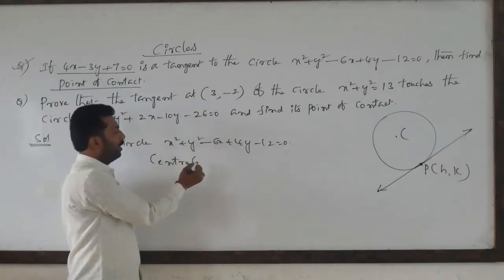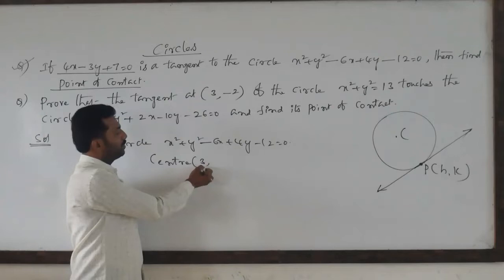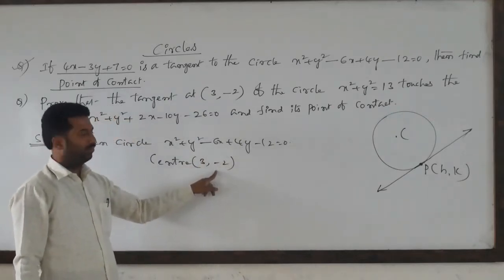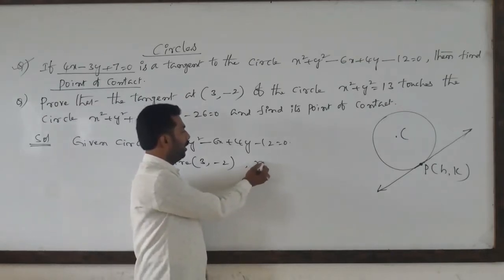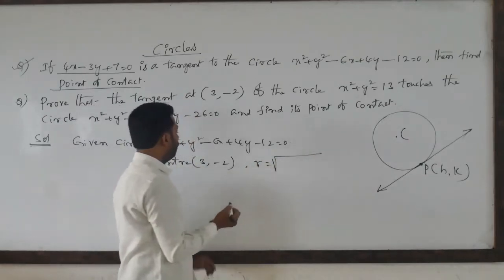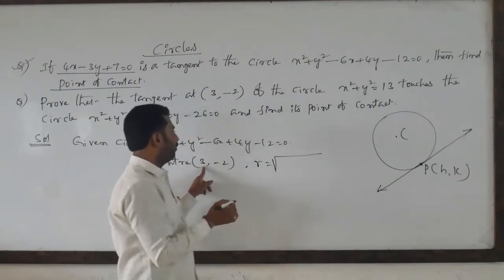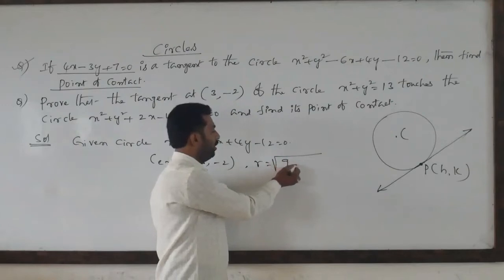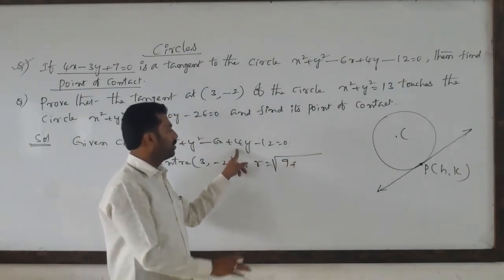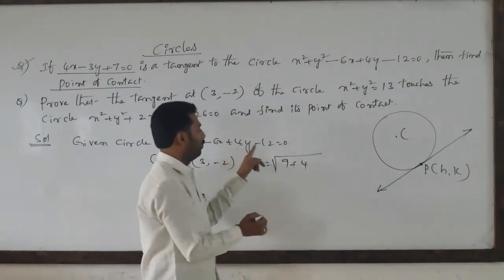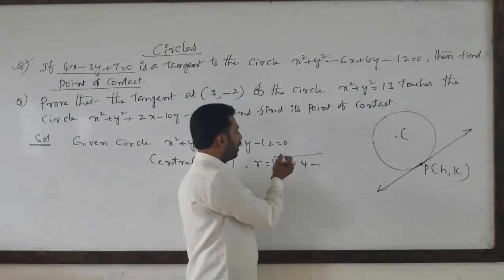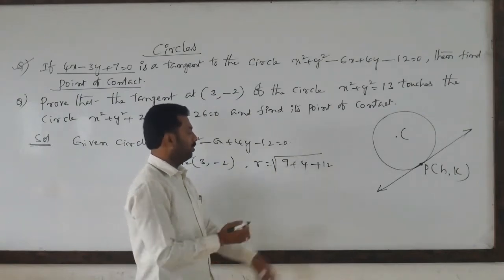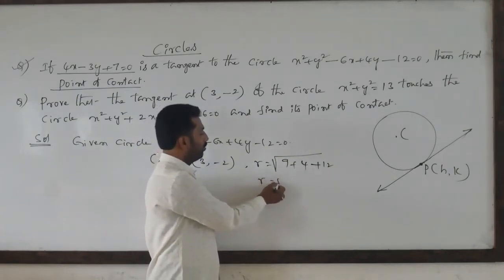Coefficient of x divided by minus 2 means 3, coefficient of y divided by minus 2 means minus 2. Radius is square root of (x coefficient by 2) whole square, that is minus 3 whole square, plus (y coefficient by 2) whole square, that is 4, minus c, already minus is there, this is plus 12. 13 plus 12 means 25. So r equal to 5.